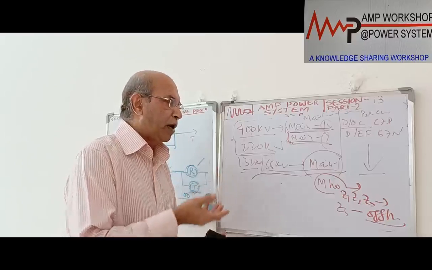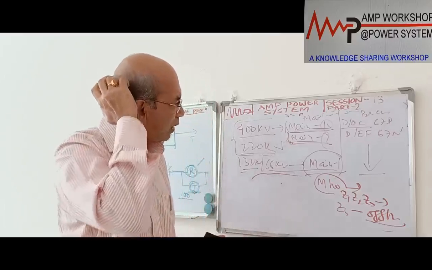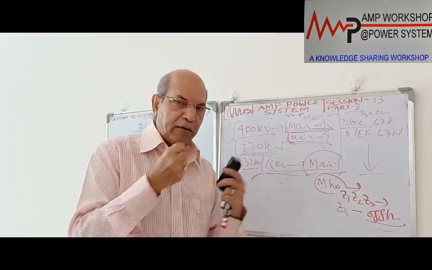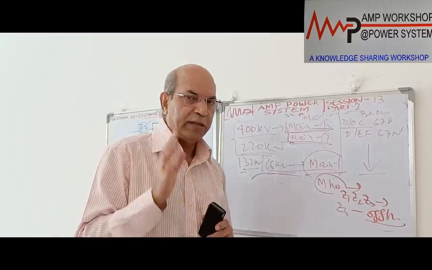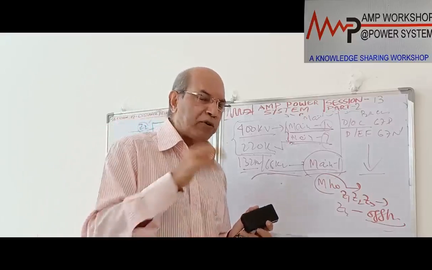And when we are specifying the relay, another thing we have to keep in mind is that all numerical relays are modular, and we can take the draw-out type, and these relays should include a couple of features at least. Like power swing, as we said already: during any transient condition there should be power swing blocking.